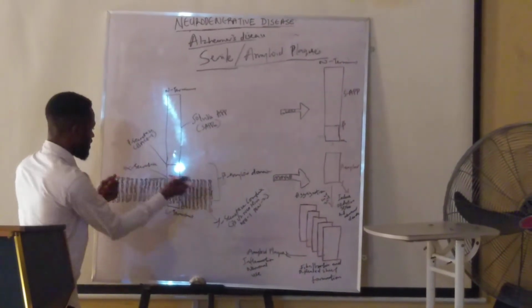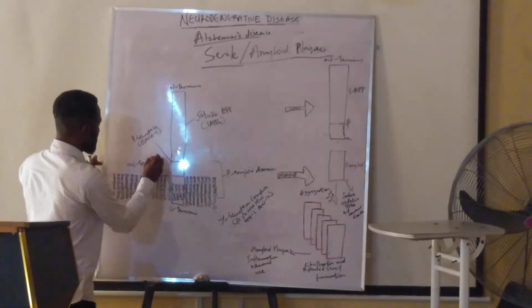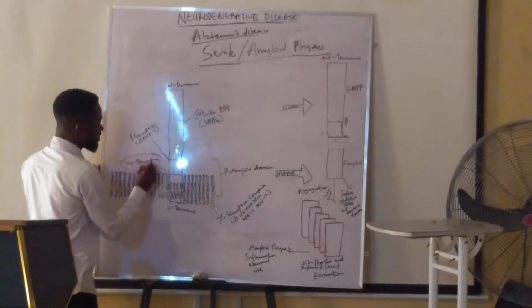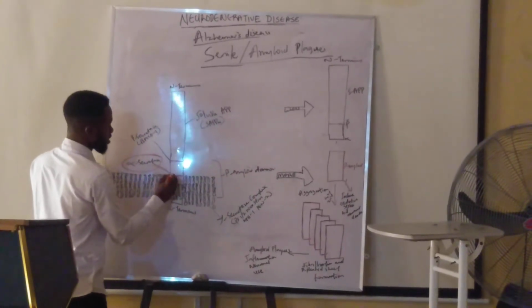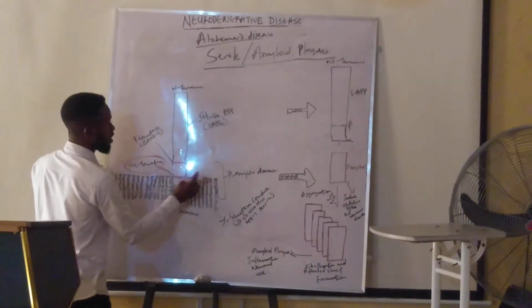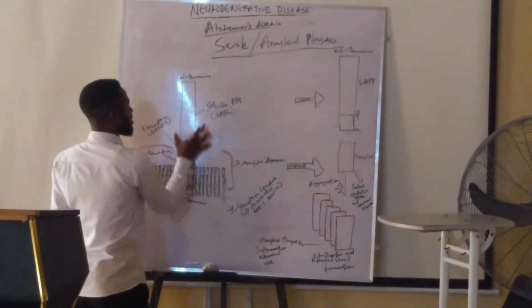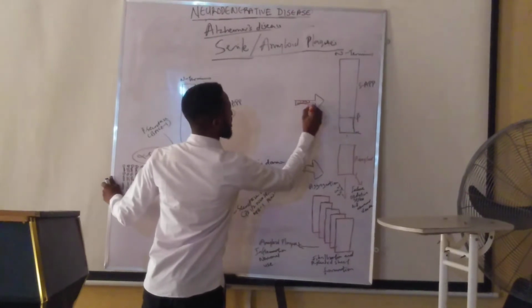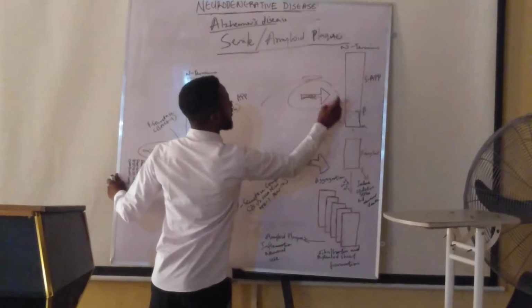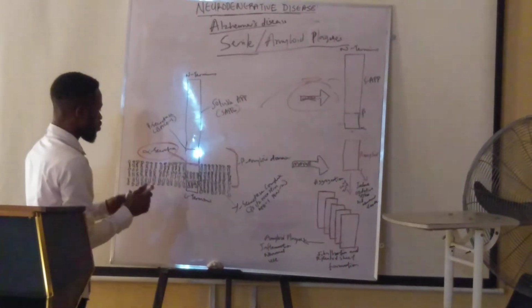As you can see, the function of the alpha secretase is to cleave this domain from the beta amyloid domain from the cellular membrane. And we have less of it here.